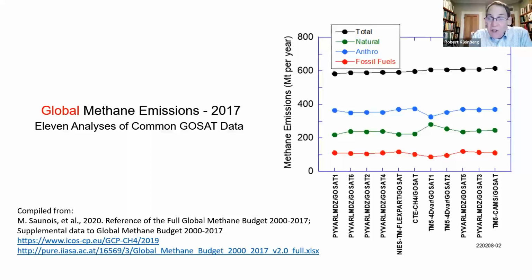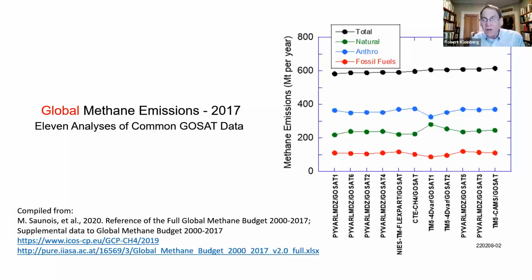And what I'm showing here is GOSAT data for 2017, and this is the whole Earth. This is global. And on the horizontal axis here are 11 different processing schemes for analyzing this data for the whole Earth. So these are done by different groups doing things in various ways. And it gives us an idea of the consistency of the processing product.